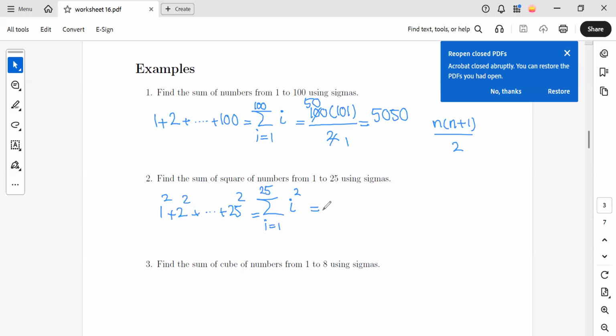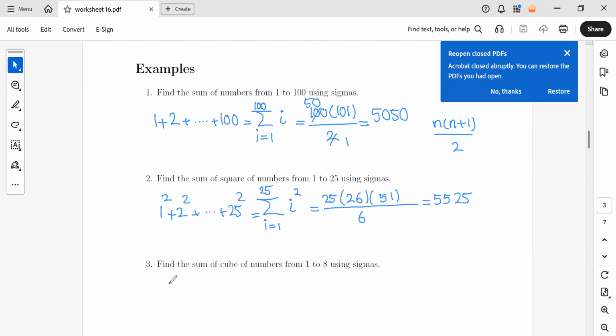Following the formula that said n, which is 25 here, times n plus 1, which is 26 here, times 2n plus 1, which is 51 here, over 6. And you can simplify, and after using a calculator, you would get 5525 as the sum here.